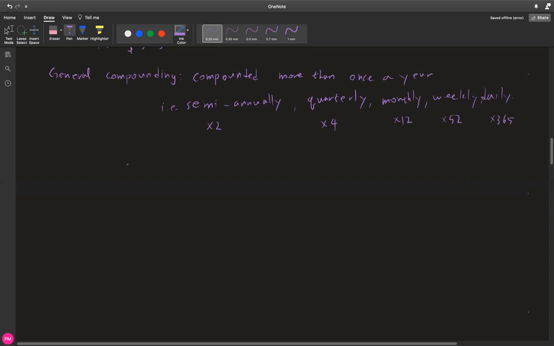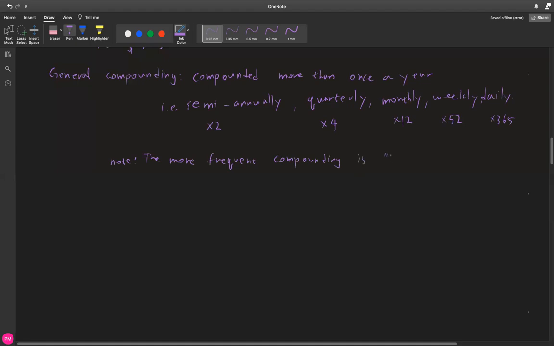And one thing to note is that the more frequent compounding is "better."